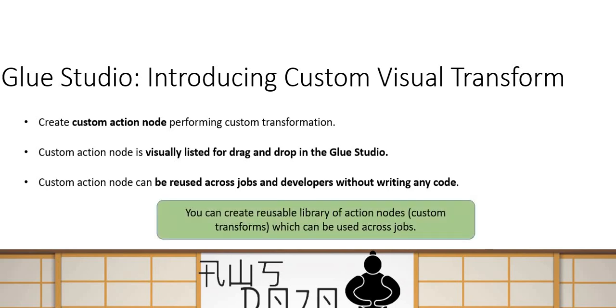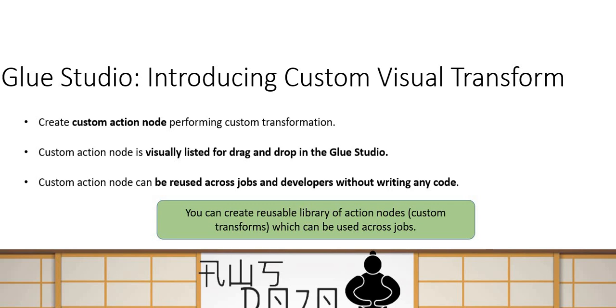So basically, if you see that you have a lot of reusable custom transforms or custom code which you want developers to use across different jobs, you have an opportunity to create a reusable library of custom action nodes, which you can configure and let other developers use across different jobs through configuration.